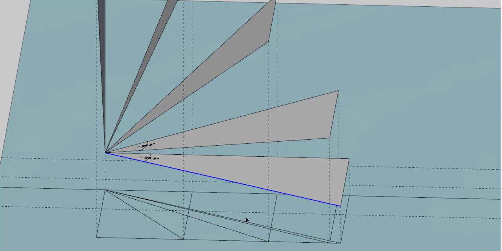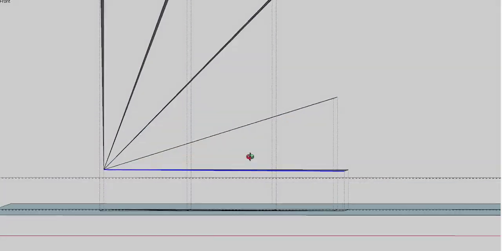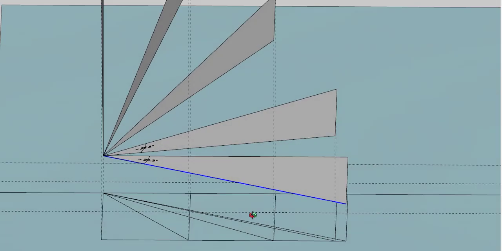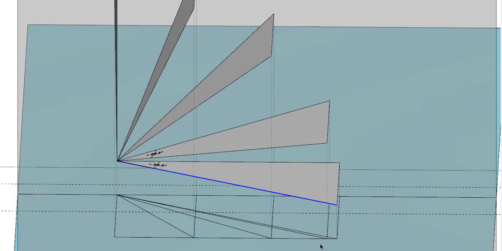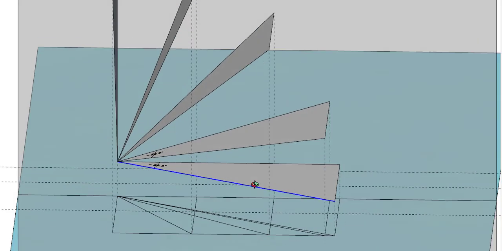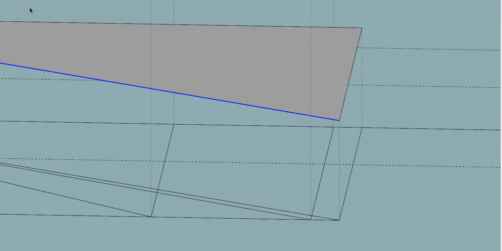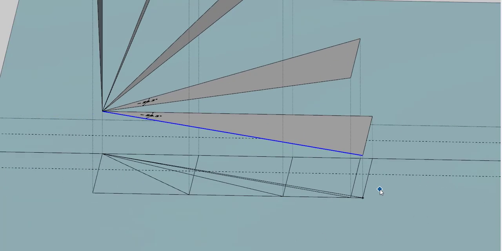Okay, so for this blue highlighted line, it is parallel to the horizontal plane and inclined at 28.3 to the vertical plane. For the edge, there is this particular point here on the top view. Okay, this is the point.